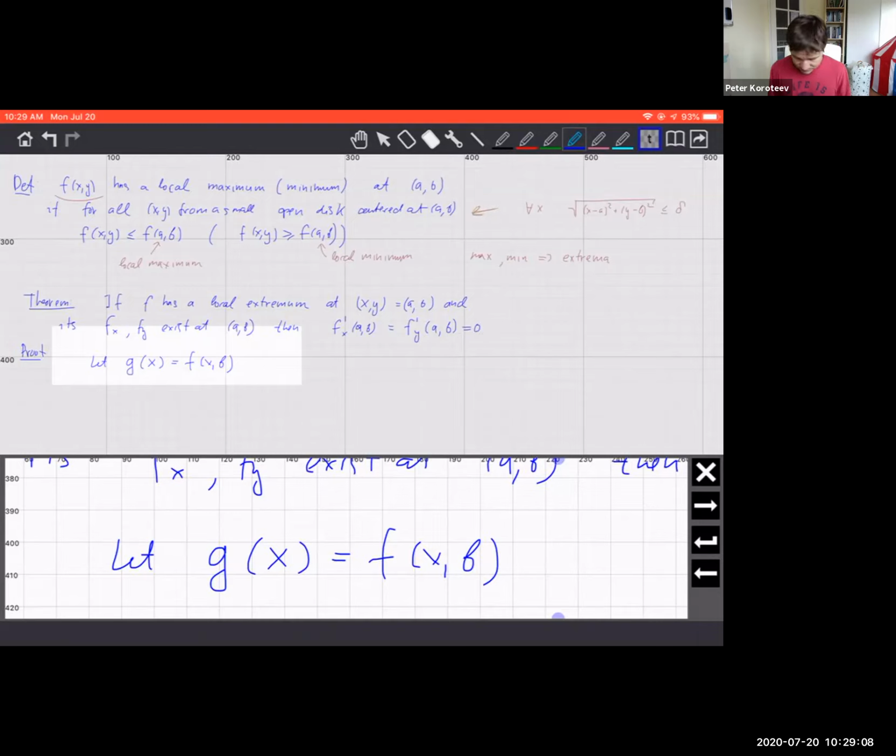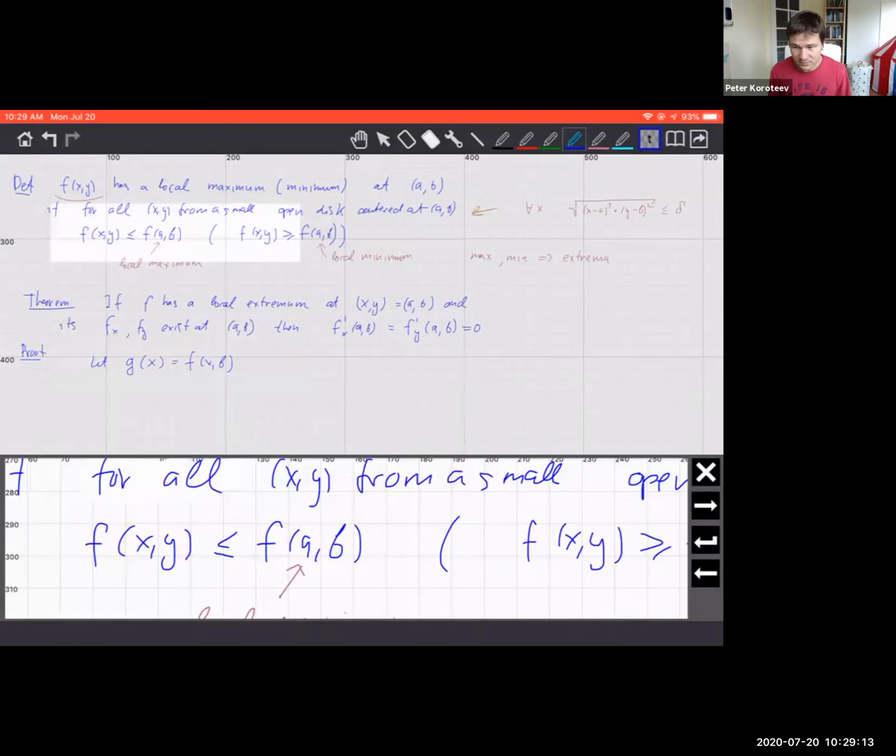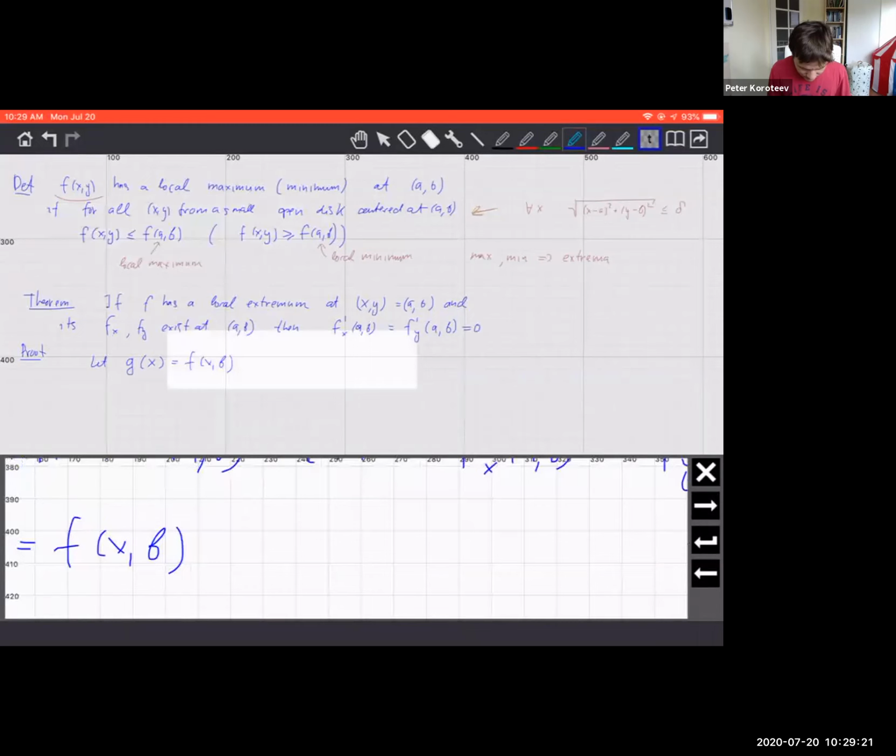Because these inequalities here have to be satisfied in any direction, right? So for every point in that small disk, this should be true.